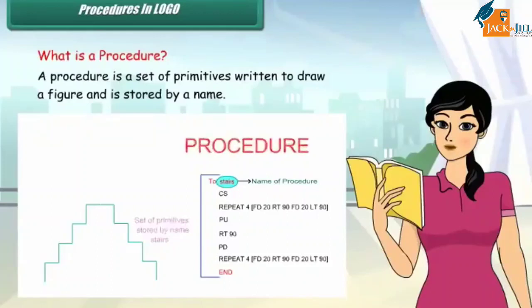Repeat 4 [FD 20 RT 90 FD 20 LT 90] END. Stairs defined. Set of primitives stored by name stairs. Name of procedure.